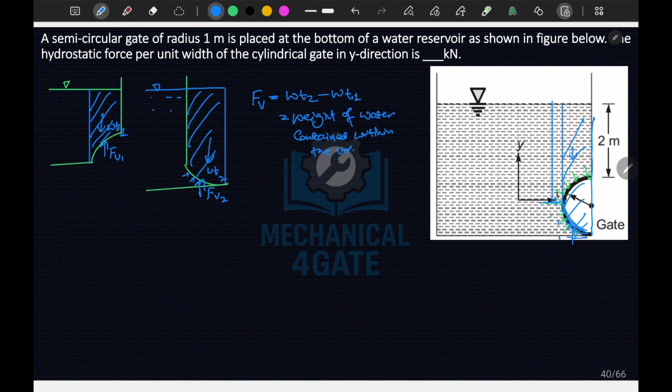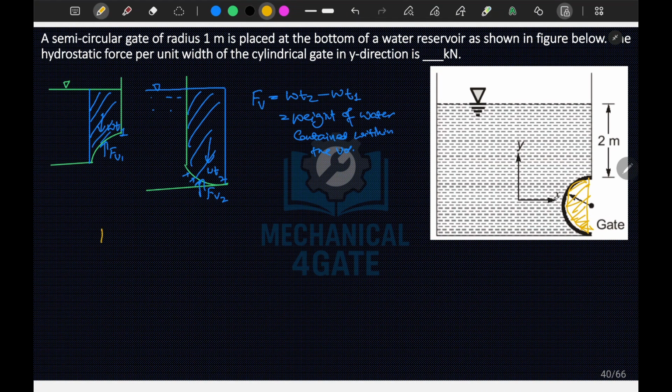If I remove all these drawings, I am only left with this volume. So the weight of water inside this volume will be your net vertical force.